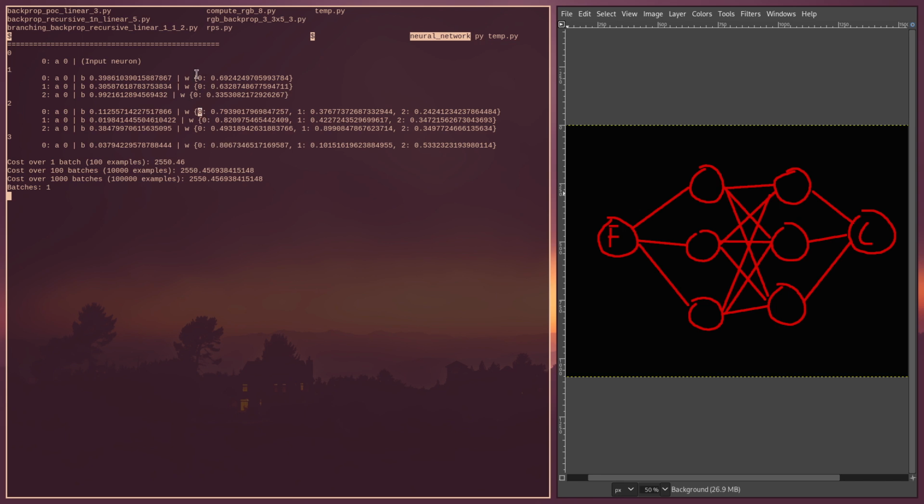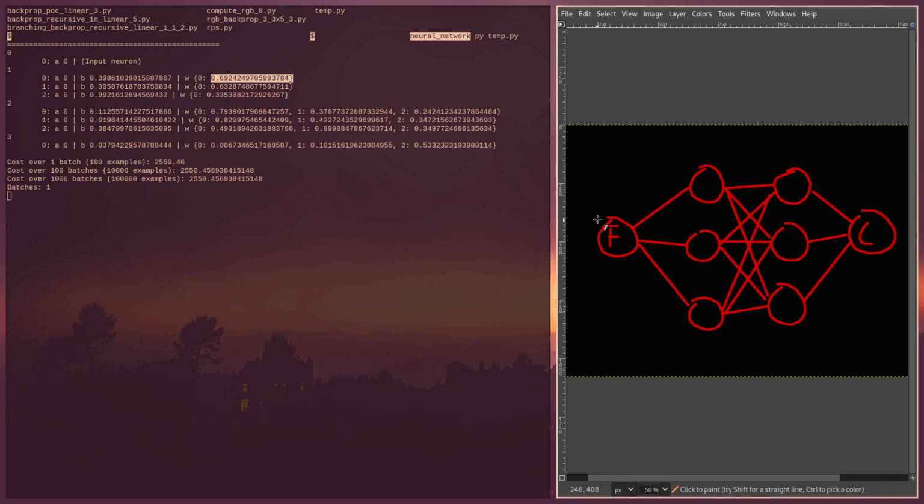So for this one, it just has 0 and then this, which means the 0th neuron from the previous layer connected to this neuron, which is the 0th neuron of the first layer, has this weight. So that would be this right here.